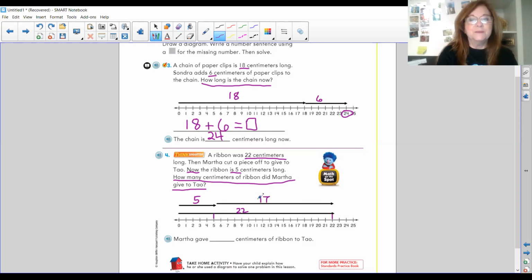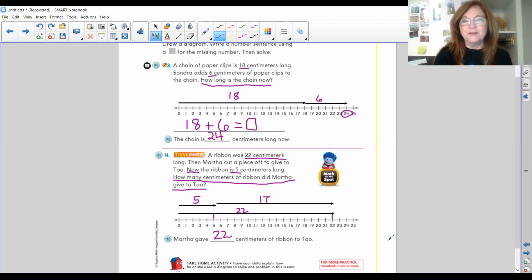And this is how much was cut off. And if we add 5 plus 17, it should equal the 22 that we started with. And it does, because 17 plus 5 does equal 22. And you can check it out if you're not quite sure.